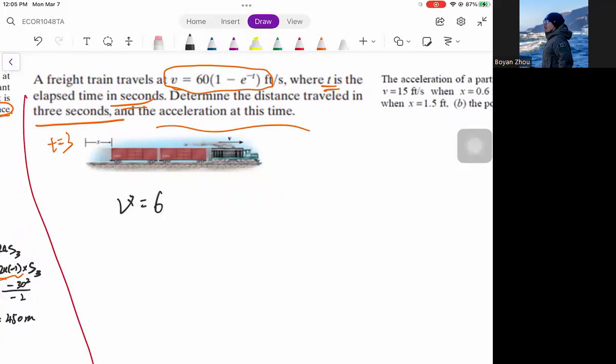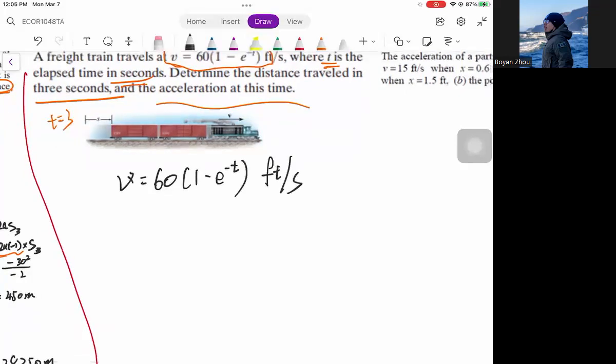Velocity is a function of time now. The unit is feet per second. And we're looking for the displacement at t equal to 3 seconds and the acceleration at t equal to 3 seconds.